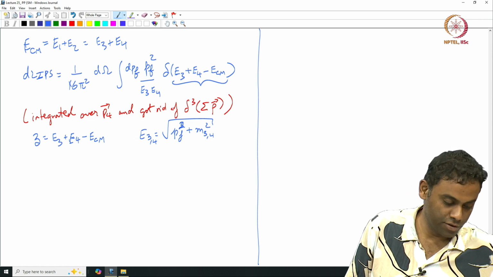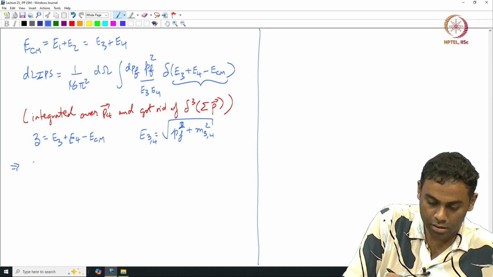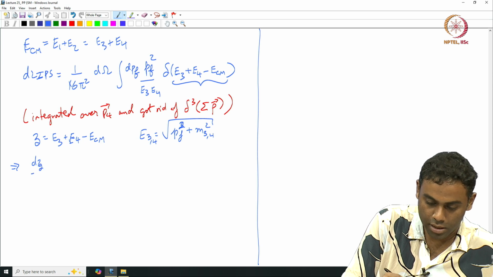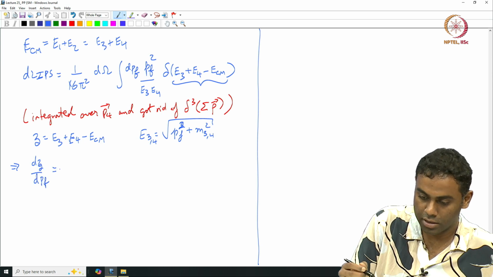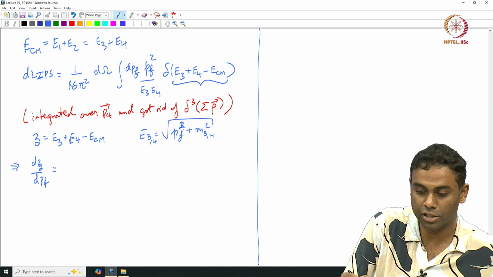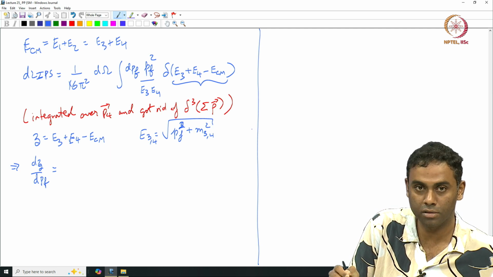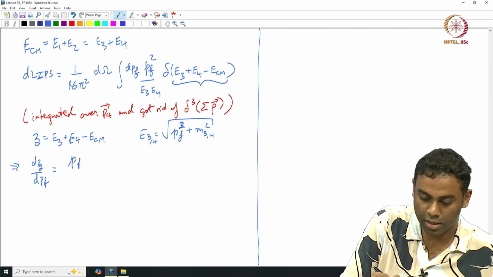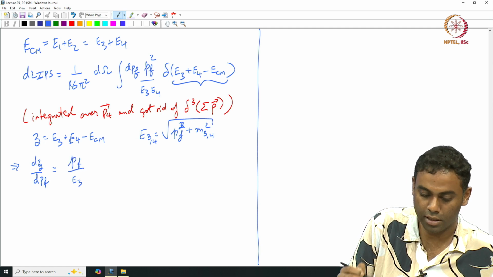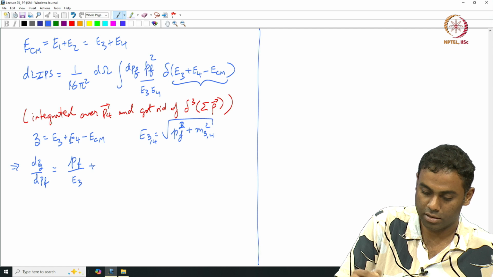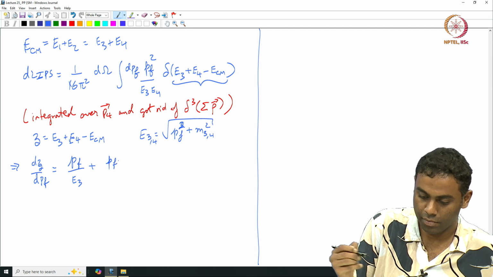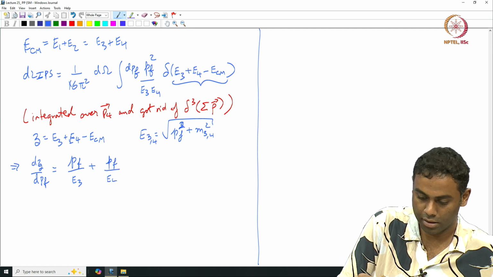So then you will agree with me that this implies dz over dpf is, what happens if I differentiate? I have a 2pf divided by 2 times the square root of this, right. That is nothing but Pf divided by E3 plus Pf divided by E4.